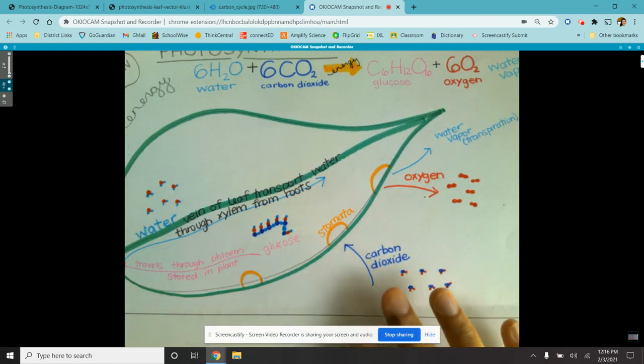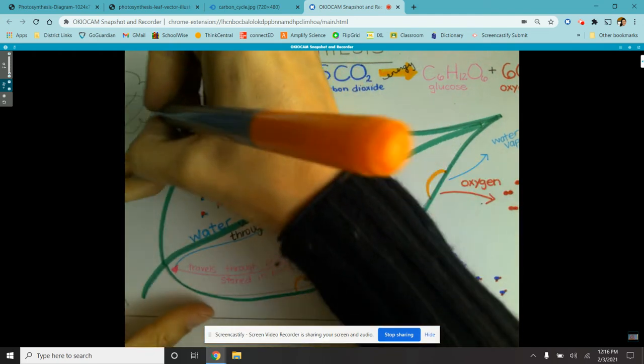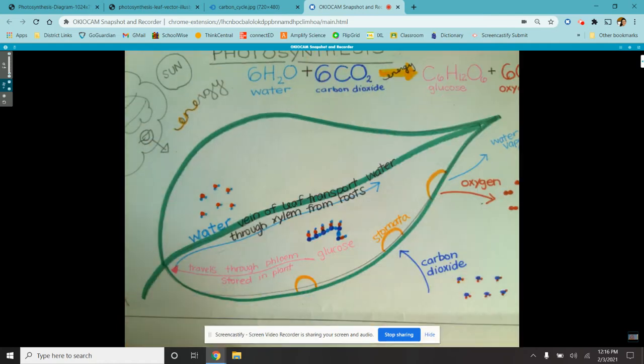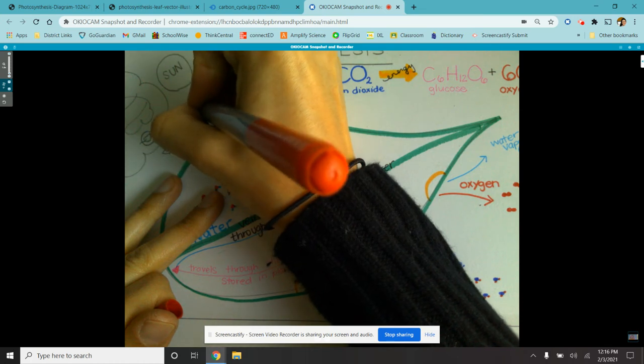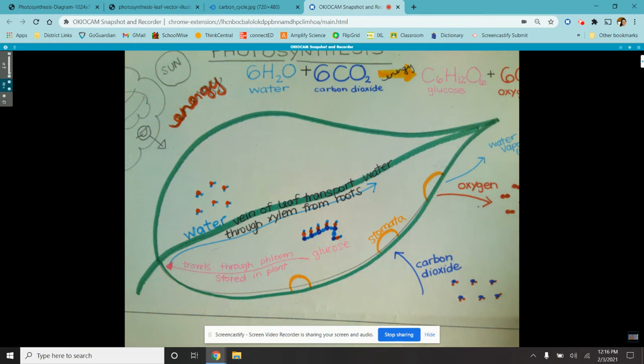All right, so we're going to finish, and then we have our sun energy. Oh, it needs to be darker. It's like red. Maybe like a dark orange, that would probably work better. So we have stored energy, and we have a sun.